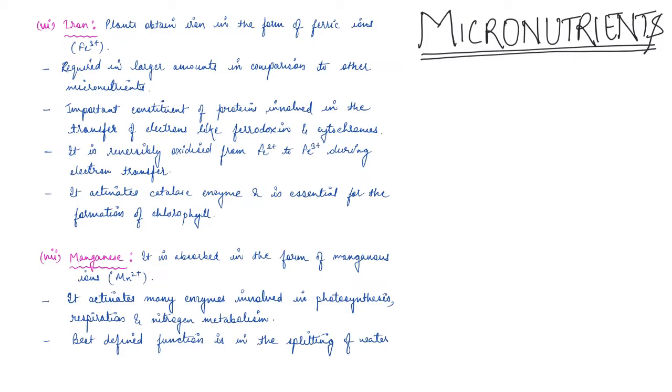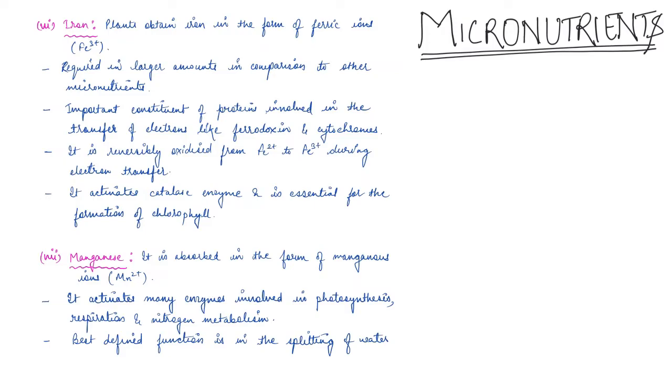Then in the last video we saw the role of the 9 macronutrients. In today's video we are going to study the role and functioning of some of the important micronutrients, right?